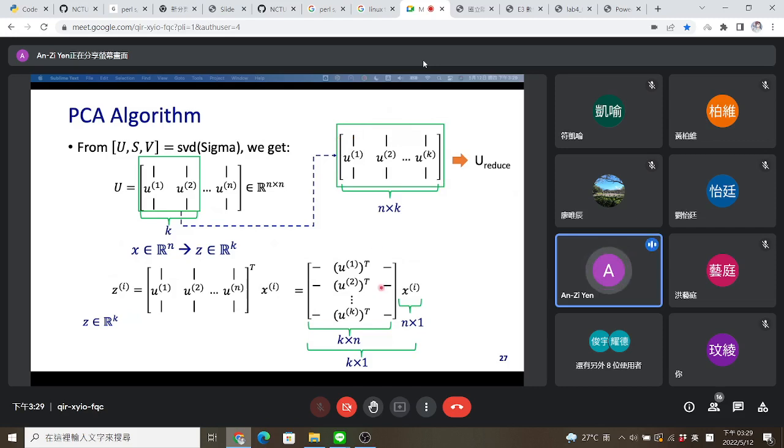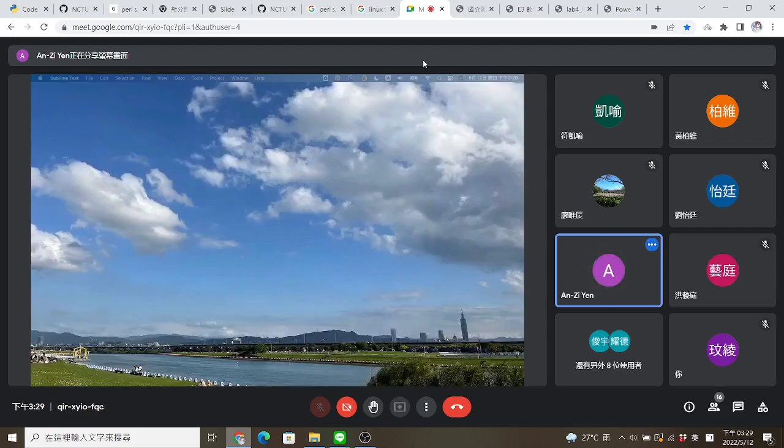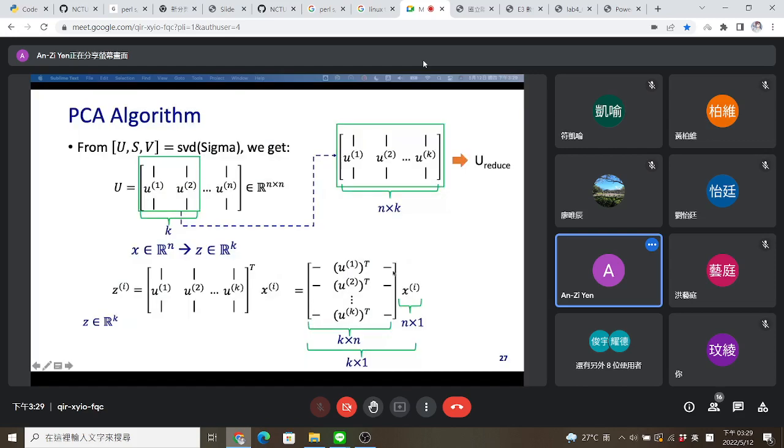Now the other thing we need to do is to take our original data X, which is in Rn, and we want to find a lower dimensional representation Z, which is in Rk, for this data.